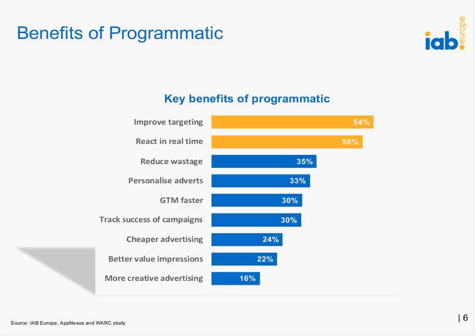So yes, as you can see here, programmatic is related to lowering costs or delivering better value, reducing wastage. But primarily, it's about what it does to change the way that consumers and brands interact and to improve targeting and real-time interaction. It's about the functionality of moving large amounts of data out of Excel in a way that can be automated and used at speed. It opens a world of opportunity for marketers and advertisers to think differently.